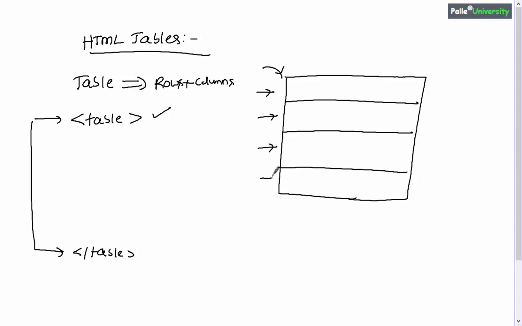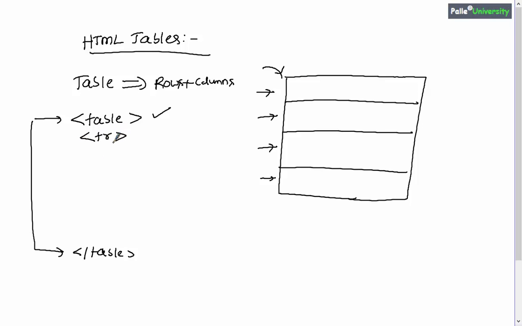So the next question is how to create the rows. Very simple. In order to create rows in HTML, we have a tag called tr. tr means table row. You must use a tr tag for creating table rows. Now observe inside this table, I am showing 4 rows.